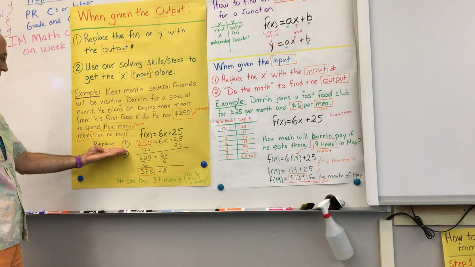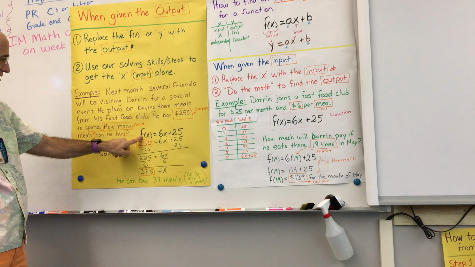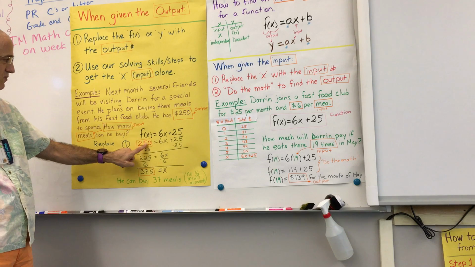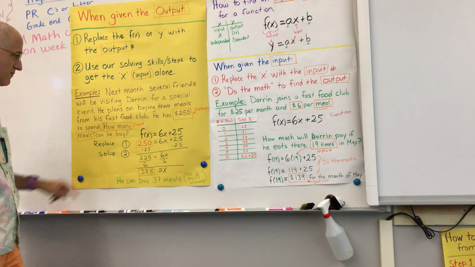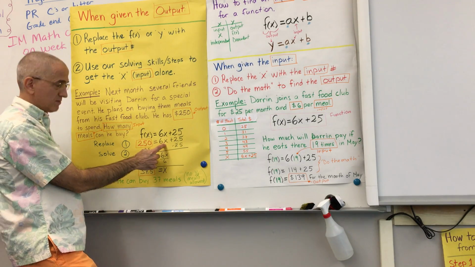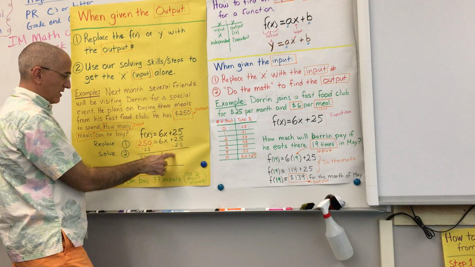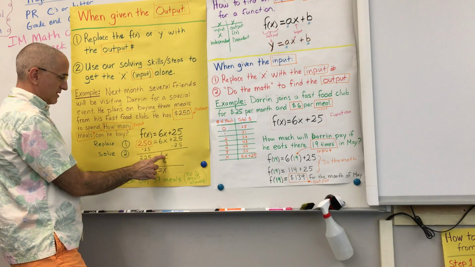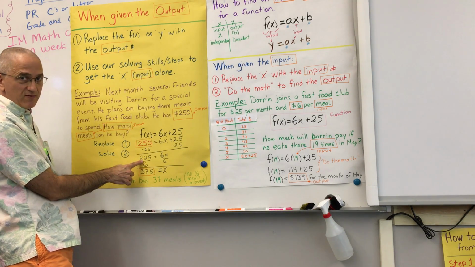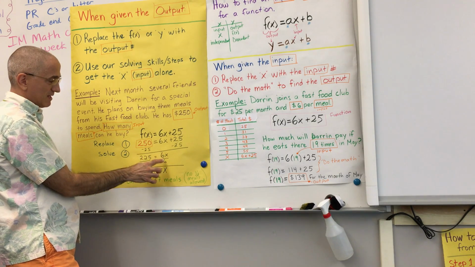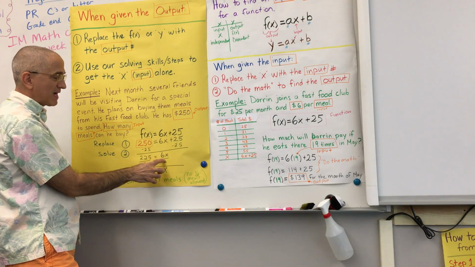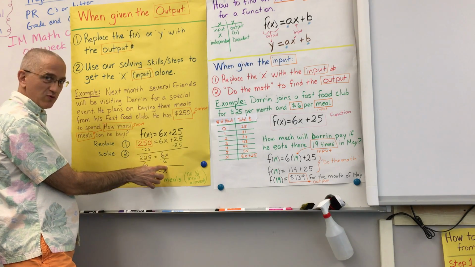So step 1, replace. F of x gets replaced with 250. So 250 equals 6x plus 25. Step 2, solve. I want x alone. Subtract 25, subtract 25. 6x equals 225. Next step, I want to get rid of this 6. 6 times x, I would divide by 6 to remove that 6.